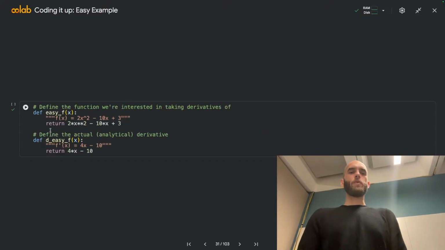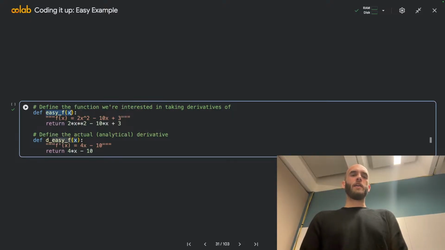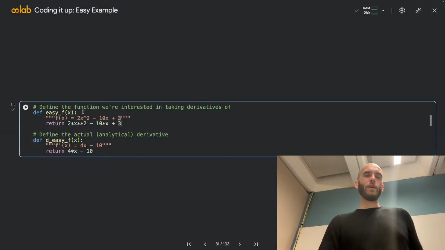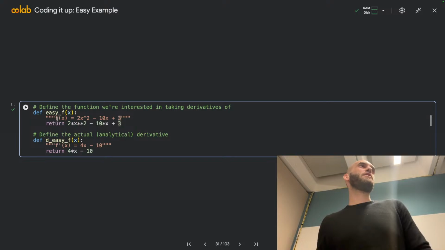Just like I did with the derivative function, I'm going to define, we'll call this easy f. So f of x is equal to 2x squared minus 10x plus 3. All I'm doing is defining a function that corresponds to our easy function.